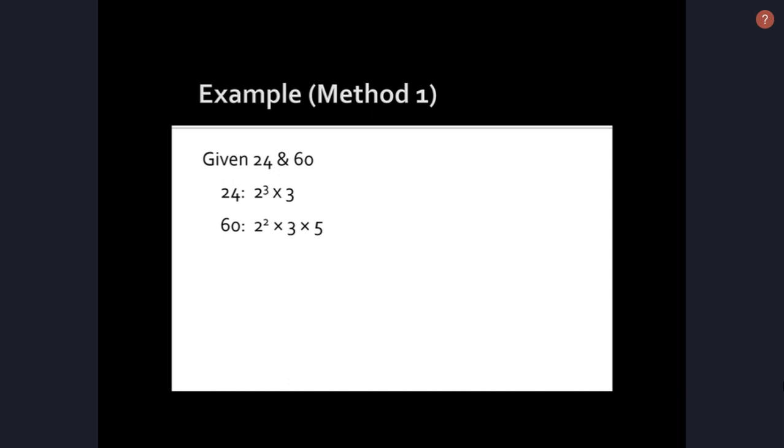For 60, we have 2 times 2 times 3 times 5, or 2 squared times 3 times 5. The least common multiple is the product of each prime factor with the greatest power. So, for the above example, the LCM is 2 cubed times 3 times 5, which is 120.